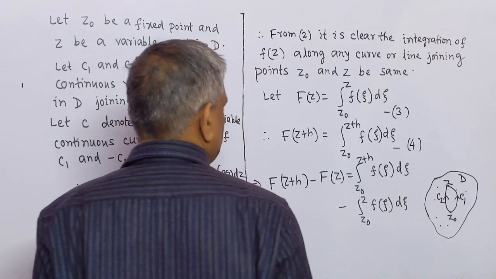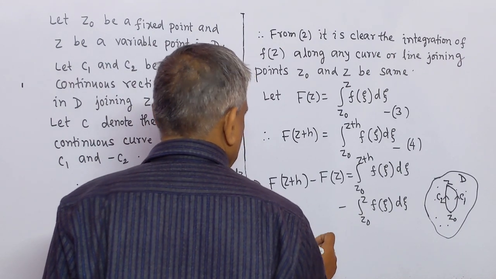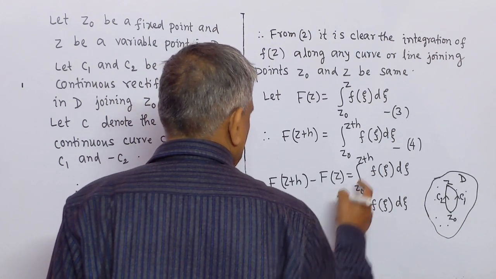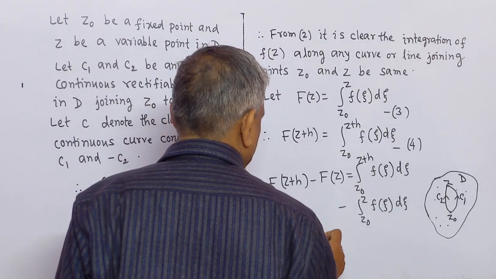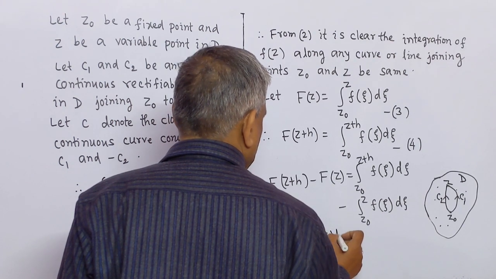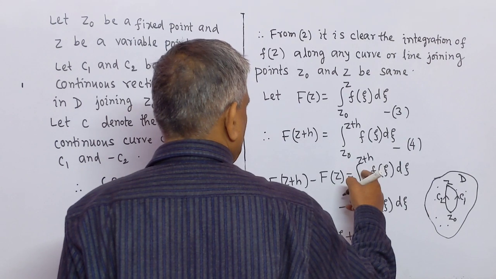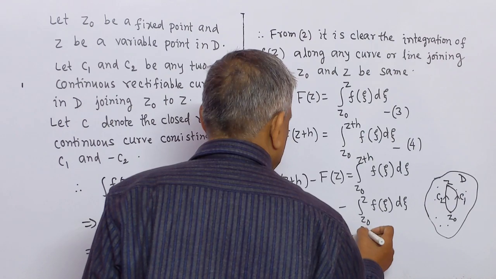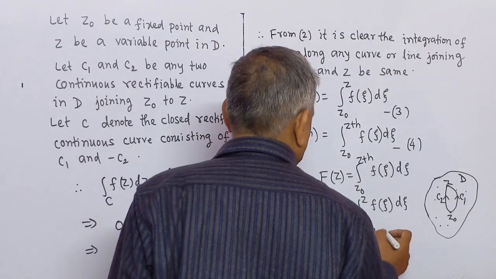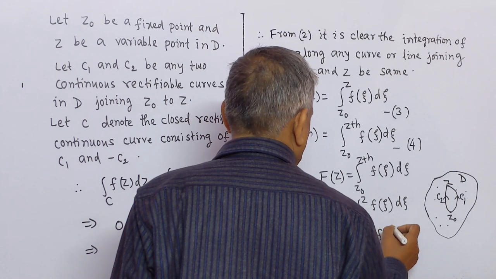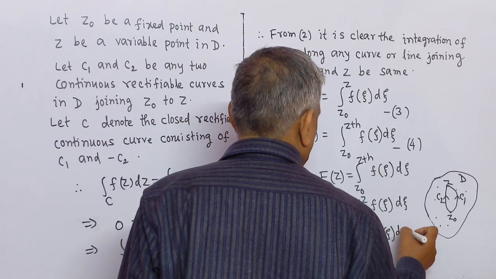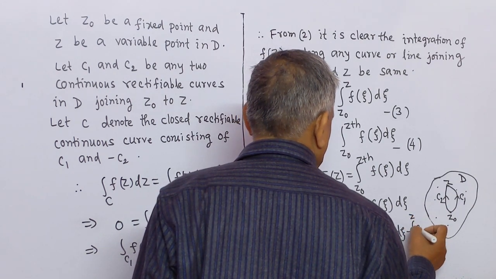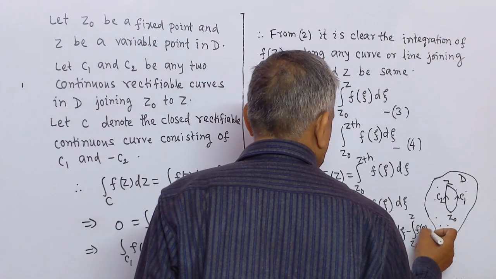and this will be equal to, bifurcating this, the integration from z naught to z of f(xi) d xi plus the integration from z to z plus h of f(xi) d xi minus the integration from z naught to z of f(xi) d xi.